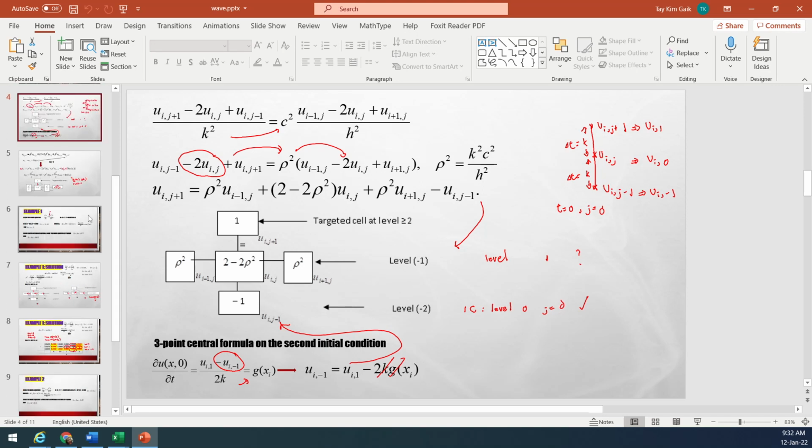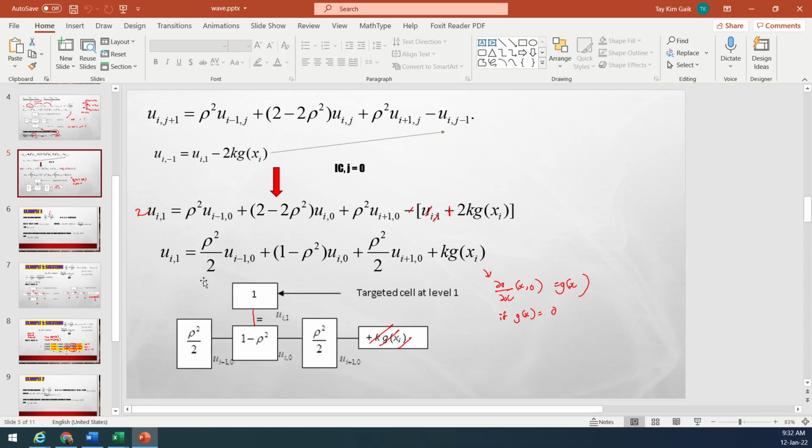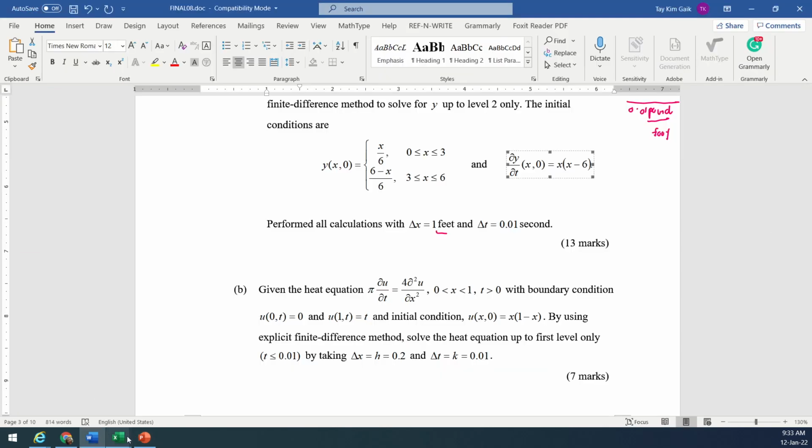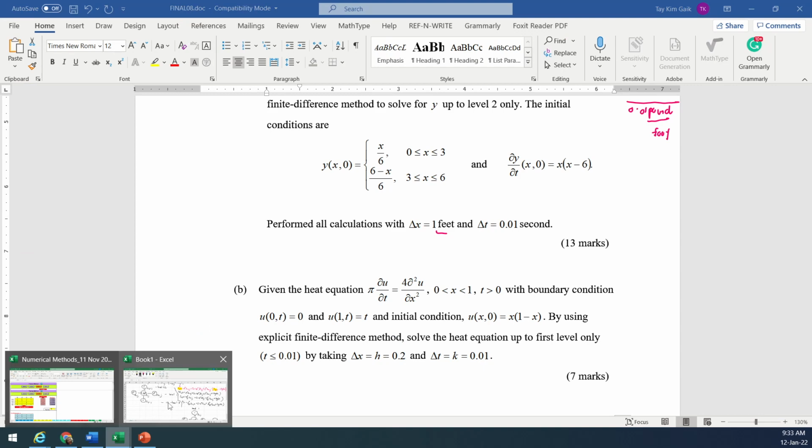And then for level 1, one time ui 1 equals the left molecule coefficient rho squared over 2, center 1 minus rho squared, right is rho squared over 2, plus k g xi. In this case g x is not 0, it is equal to x times x minus 6.